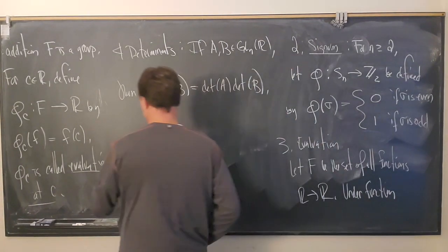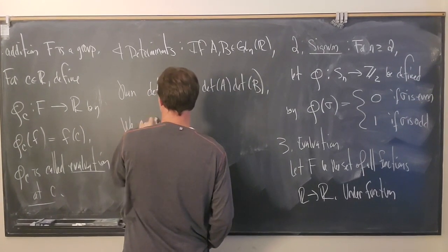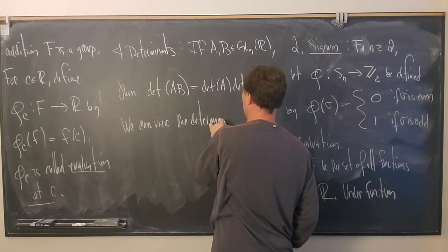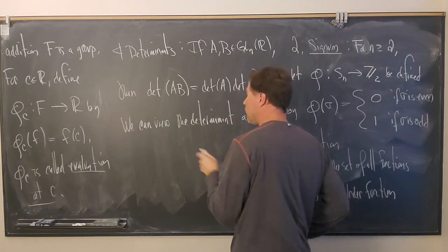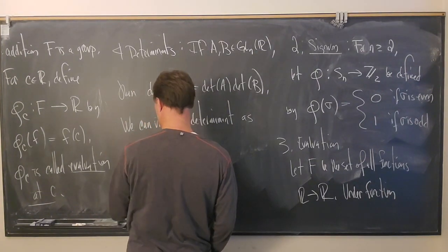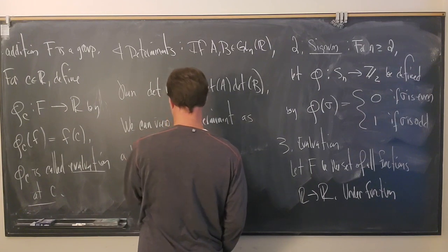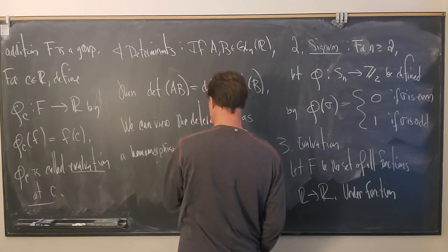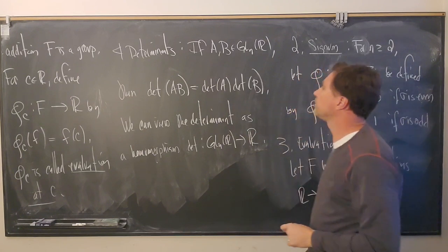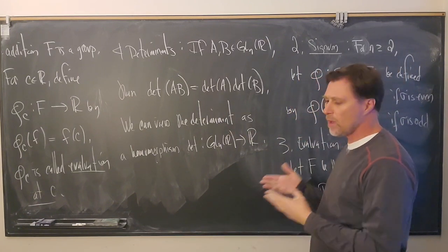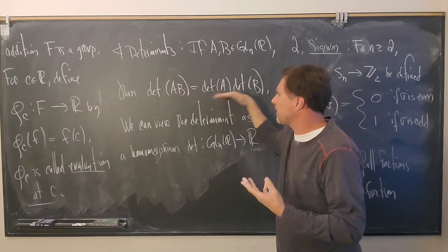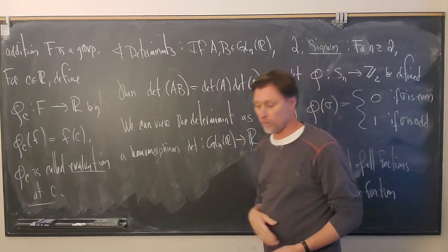So because of this property right here, we can view the determinant as a homomorphism, which we usually write just as det, and it goes from GL_n(R) to R. So there's a sort of more advanced way to think about the determinant, in particular with respect to this particular property. What it is saying is that the determinant is a homomorphism.